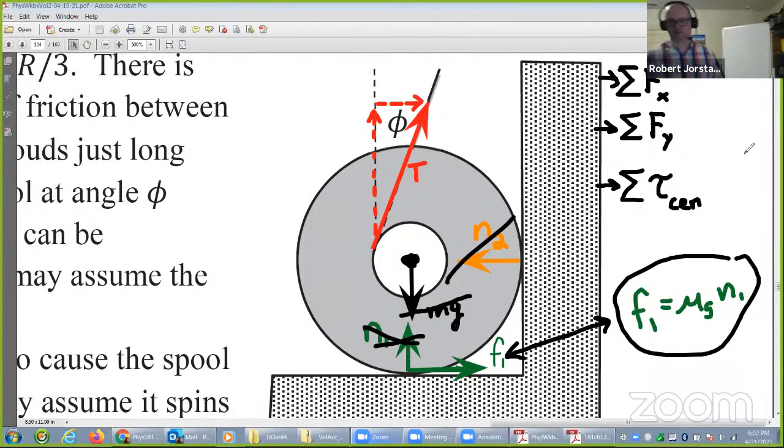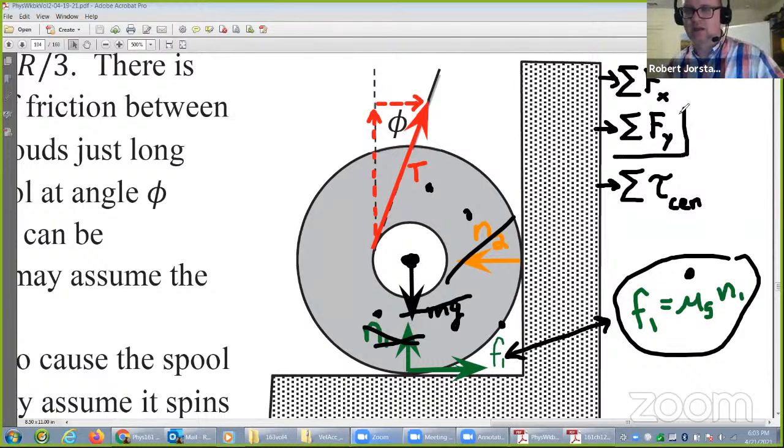You could figure out 3 things that are unknown. 1, 2. Ooh, here's the 4th equation. So 1, 2, 3, 4 things. So once we know that, I would probably do sum of forces in the Y direction to get a relationship between the normal force and mg and use that.